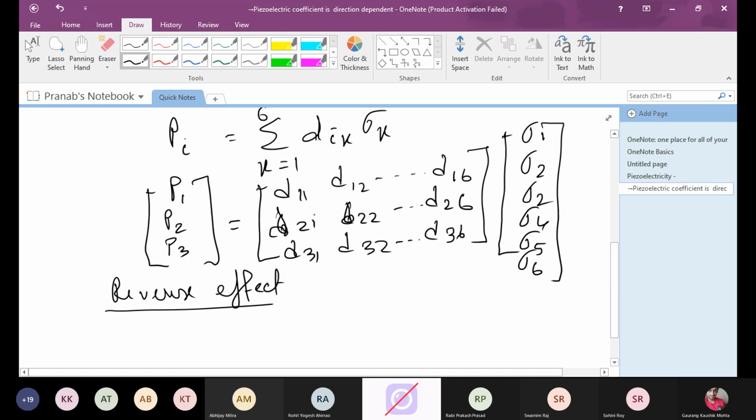Similarly, if sigma 2 is there, then P1 is related by D12, like that. So P1, P2 and P3 are the polarizations in the 3 directions.